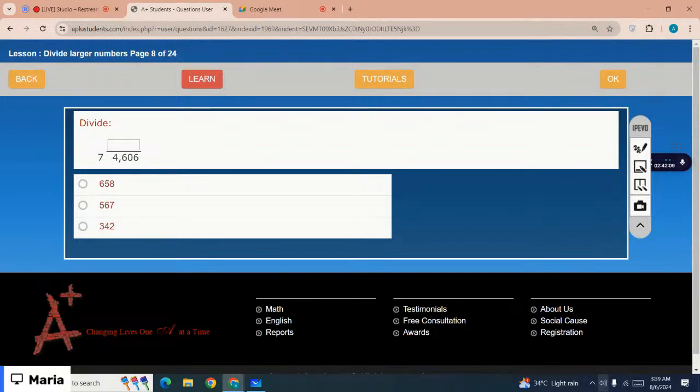4,606 divided by 7, which is the correct option?